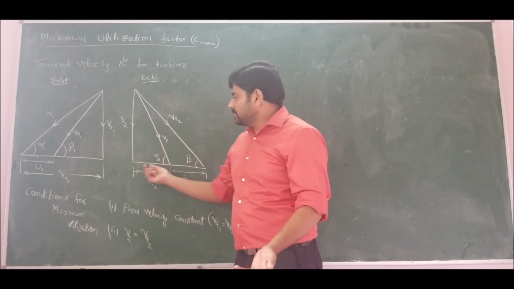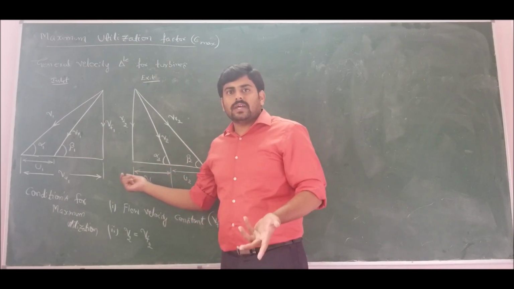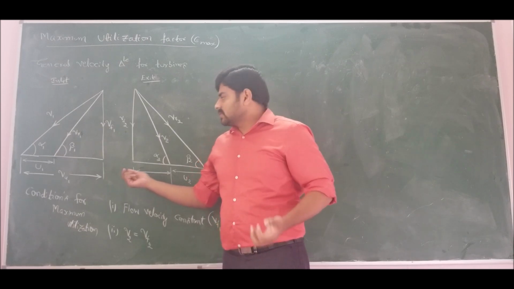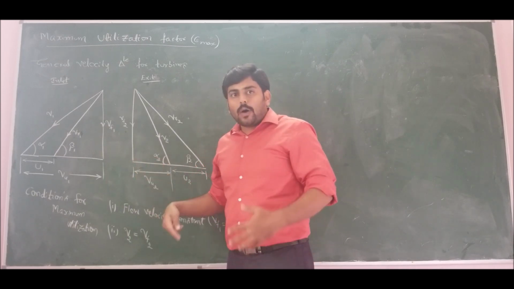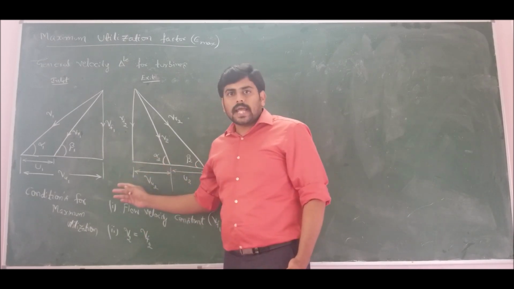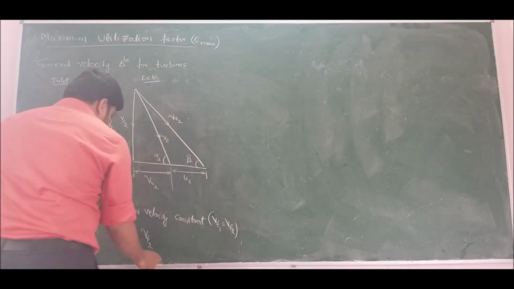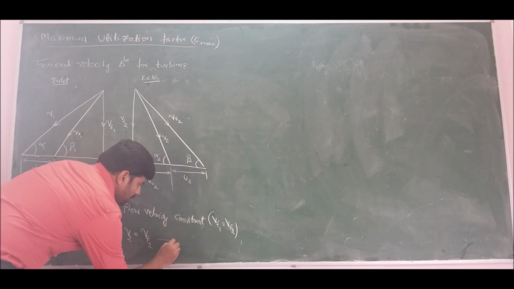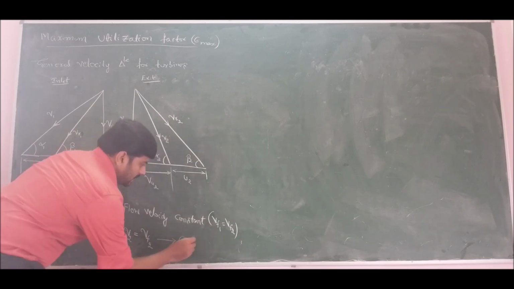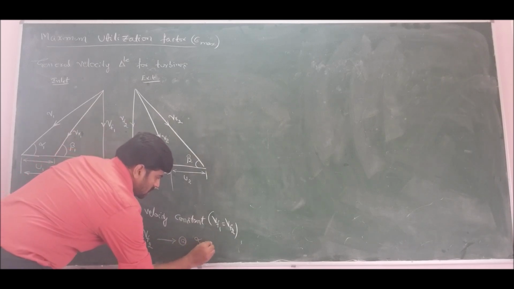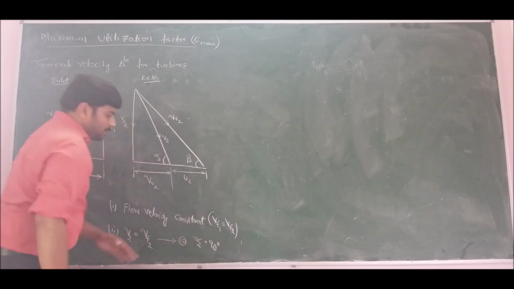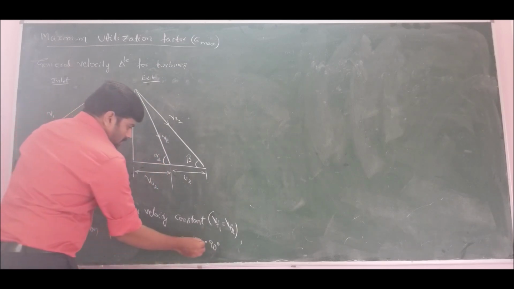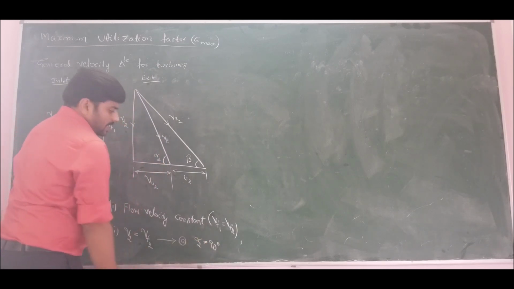So this third condition, alpha 2 is equal to 90 degree, comes from the second condition. Second condition is V2 is minimum. V2 can be minimum only when V2 is equal to Vf2. So if V2 is equal to Vf2, obviously alpha 2 will become 90 degree. So therefore, this condition yields us two more conditions. From these conditions, alpha 2 is equal to 90 degree is the one condition I am obtaining from the concept of maximum utilization.